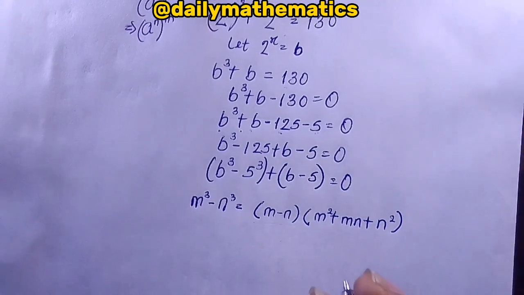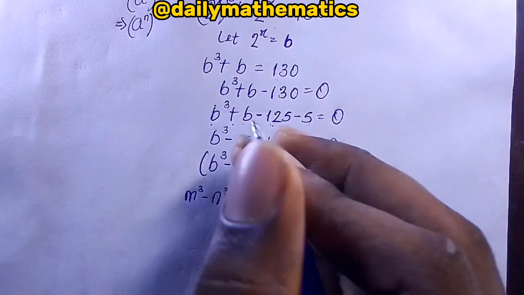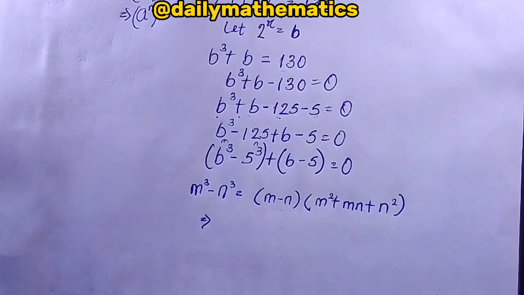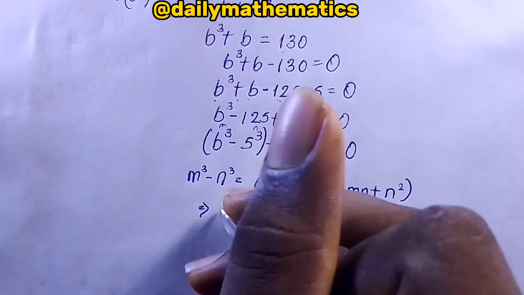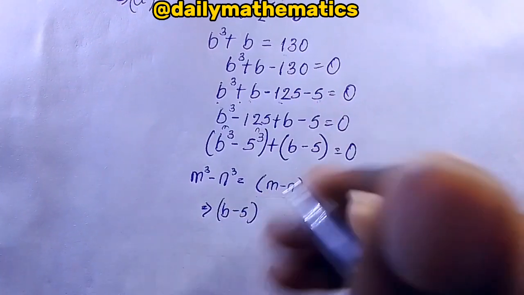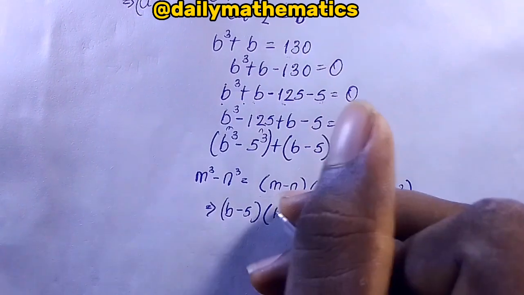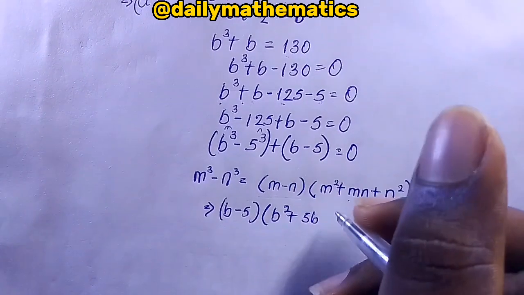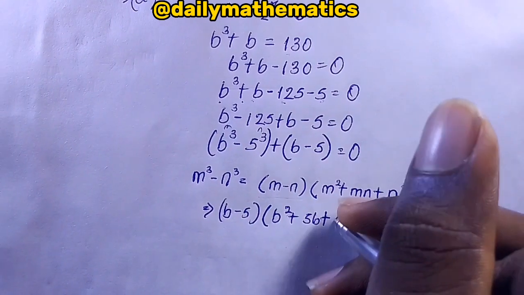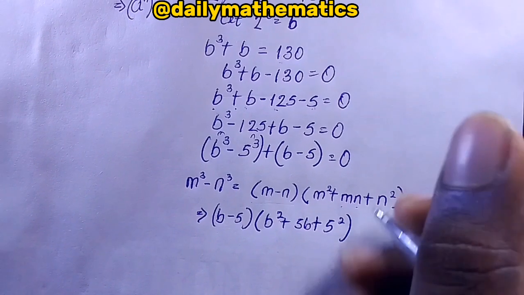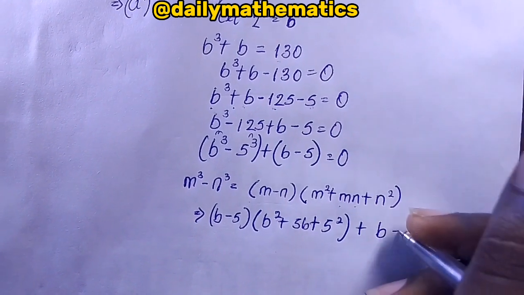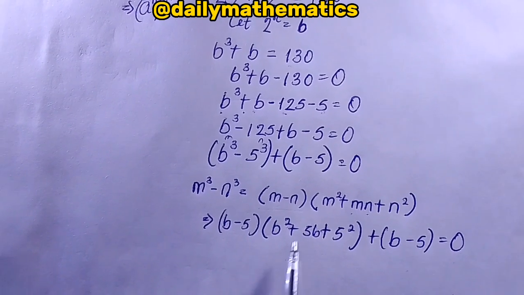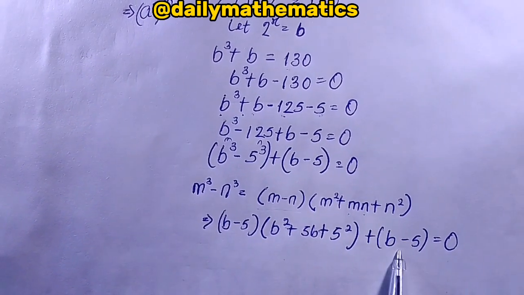So here b is the m and 5 is the n. It becomes (b minus 5)(b squared plus 5b plus 5 squared) plus b minus 5 equals 0. We can see b minus 5 is common to both.